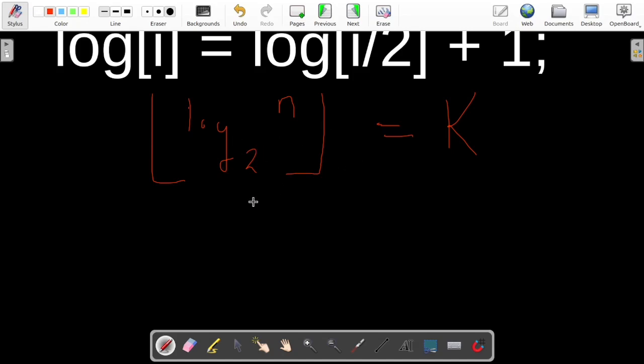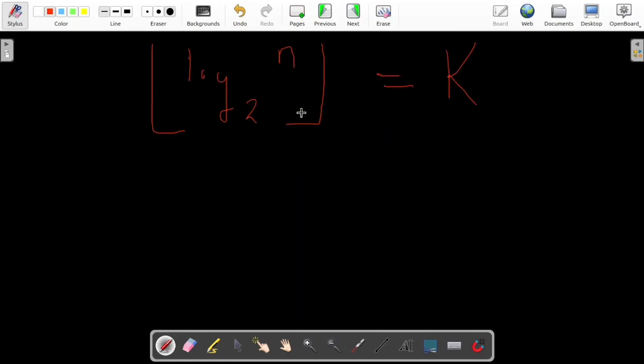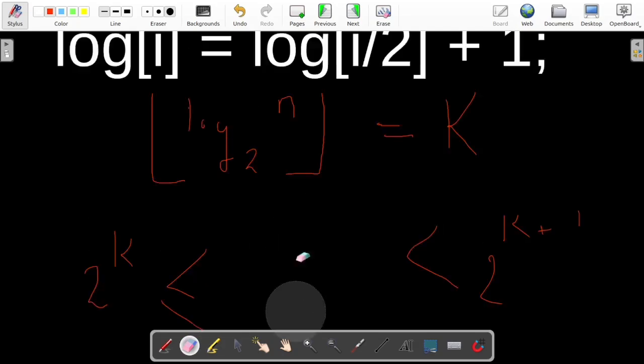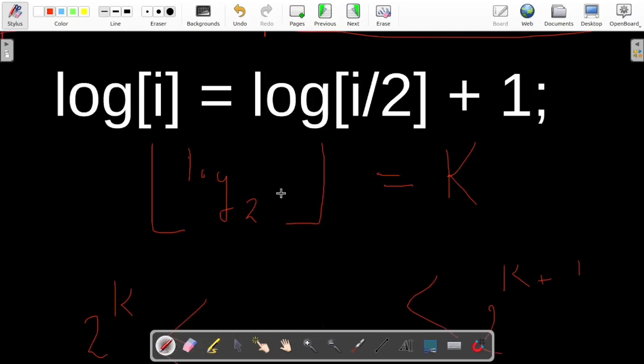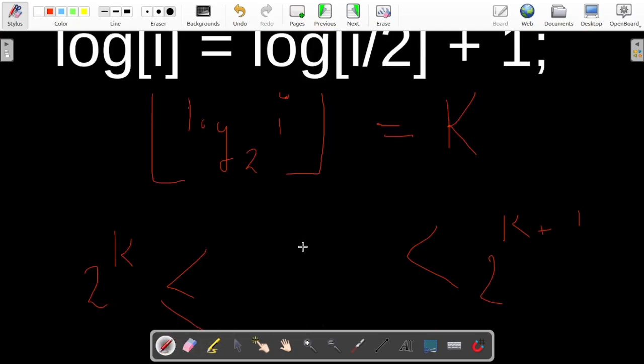Now, can we write this equation like this? 2 to the power k is greater than or equal to n, less than 2 to the power k plus 1. Of course, we can write this equation like this. Let's not consider n, let's consider i, since we are discussing in terms of i.